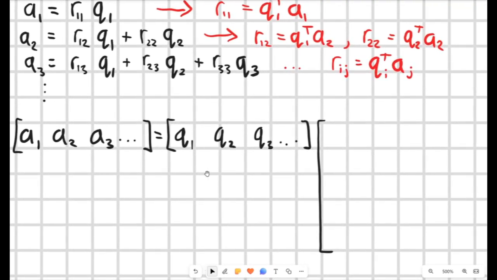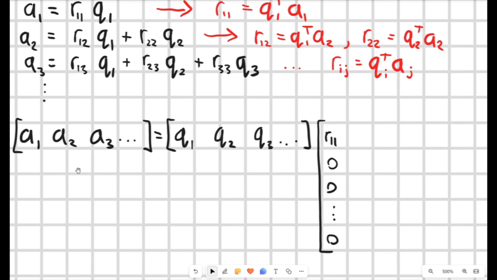Well, first of all, we know that A1 is equal to Q1 just multiplied by a constant R11. So in the top left hand corner of this matrix I can just write R11. Again, this is just standard matrix vector multiplication. You have a Q1 times R11, but there's no projection of A1 onto any of these other vectors. So the rest of this column, all the way down to the bottom, can just be equal to zeros.